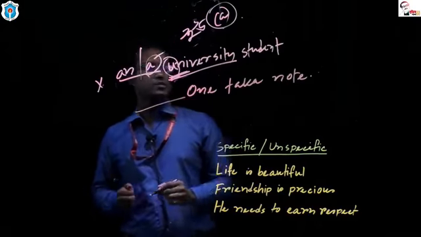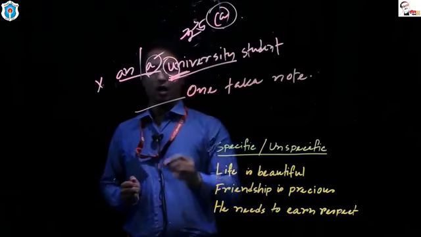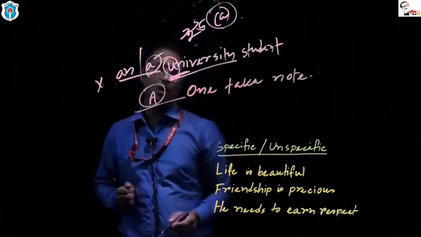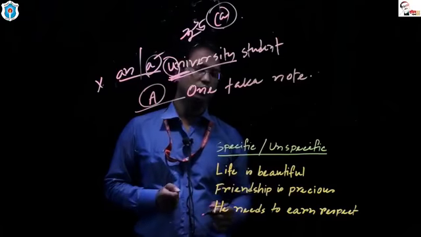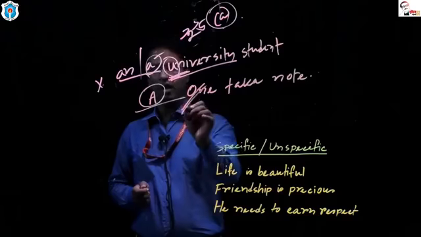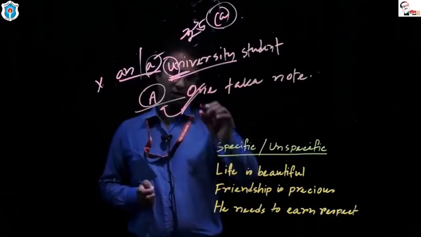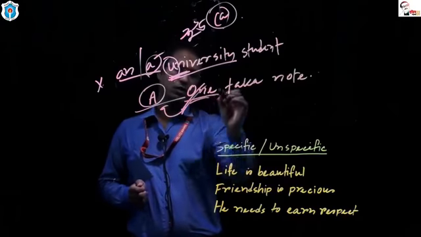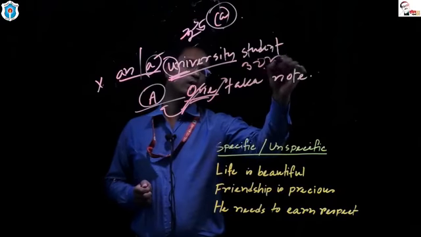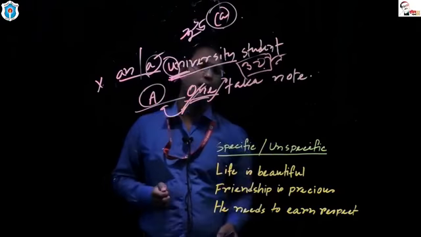If I tell you to fill the gap, I'm sure you will give here A or AN one taka note. But if I ask you why are you giving A here, you will answer me, sir, this pronunciation is like wa, one. It starts with wa.